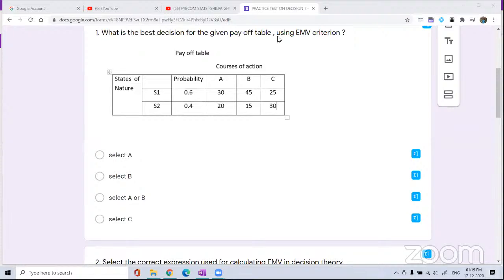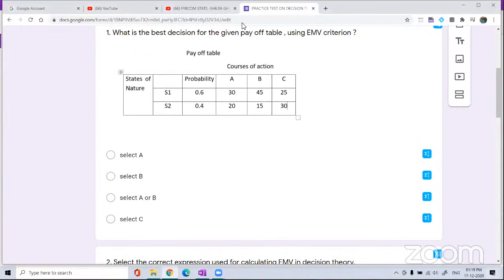What is the best decision? I will annotate here. What is the best decision for the given payoff table using EMV criteria?